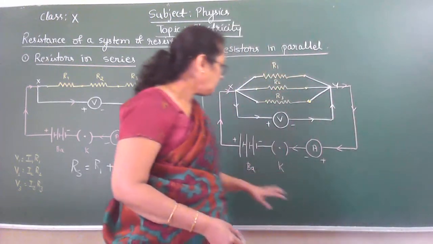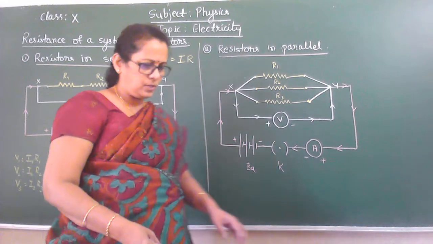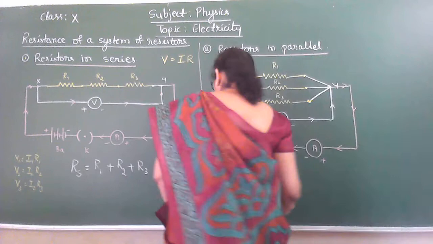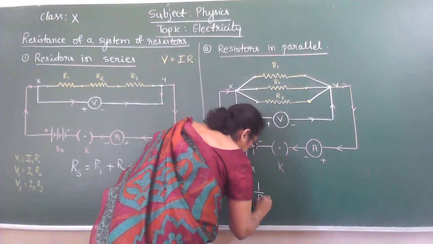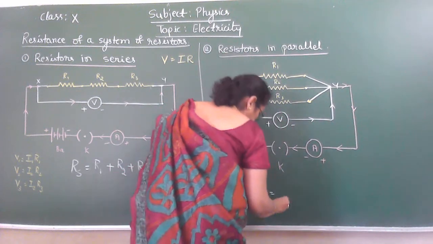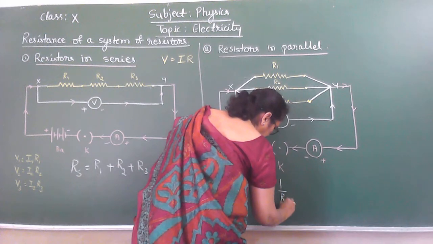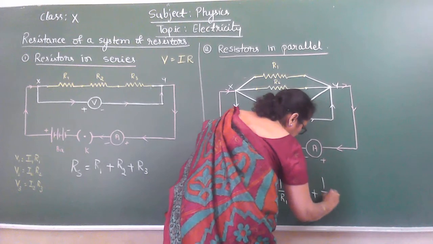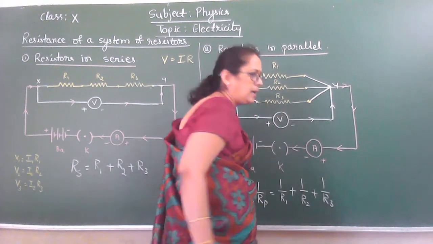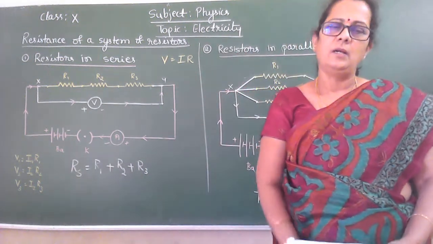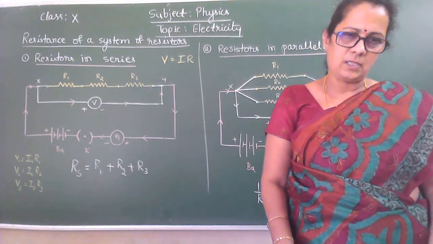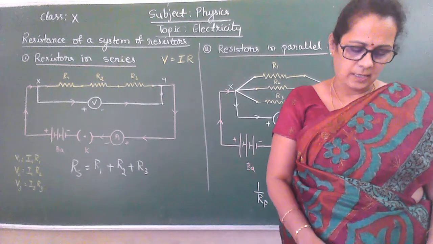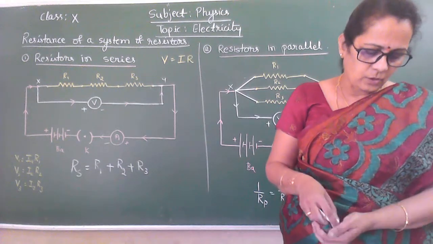Here, the formula to find out this is 1 by Rp, that is the reciprocal of the parallel resistance, equals 1 by R1 plus 1 by R2 plus 1 by R3. So how it comes, that is also we will learn.